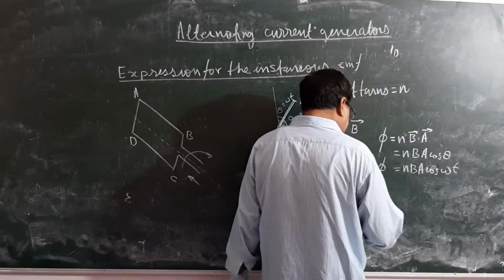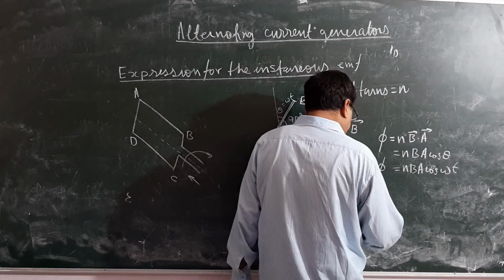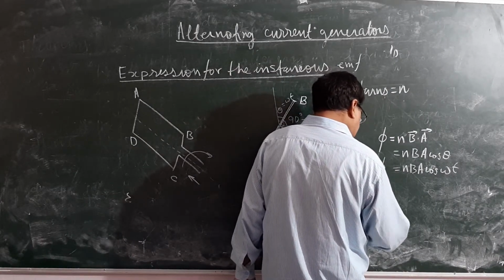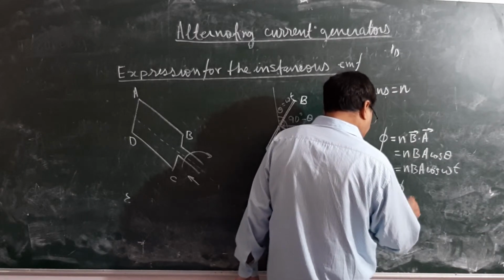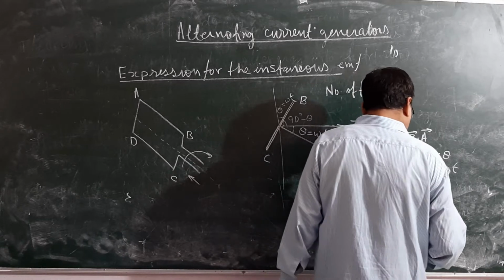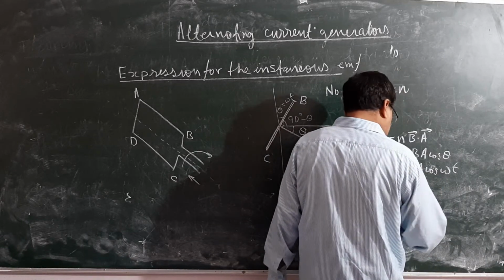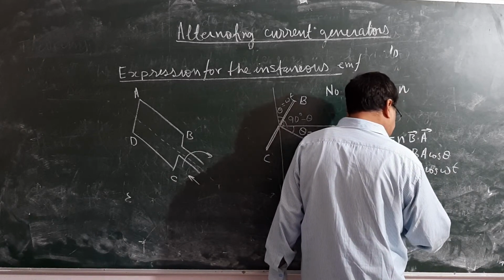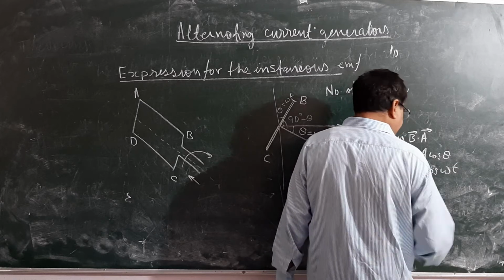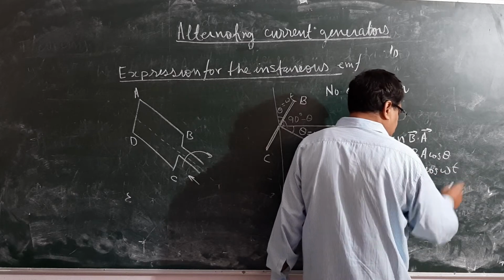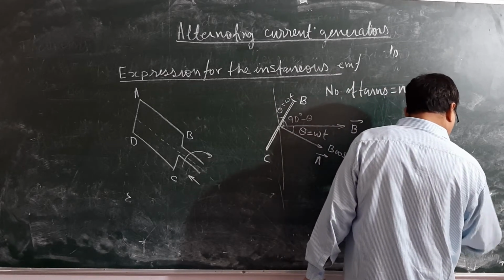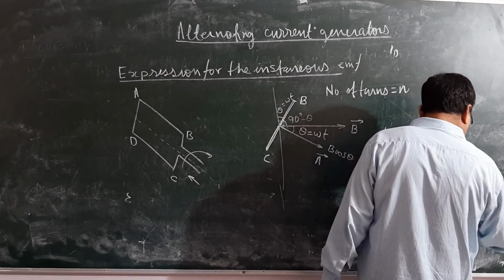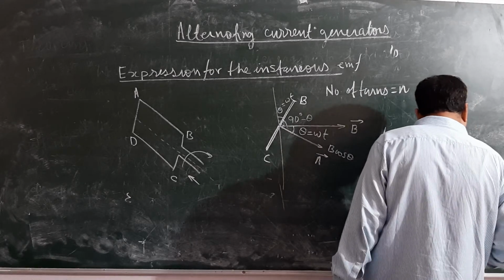Now, according to Faraday's law, we can write E is equal to minus d phi by dt. So that is equal to, here NBA is constant, so we will rewrite this. If we differentiate cos omega t with respect to t, we get minus sin omega t multiplied by omega.